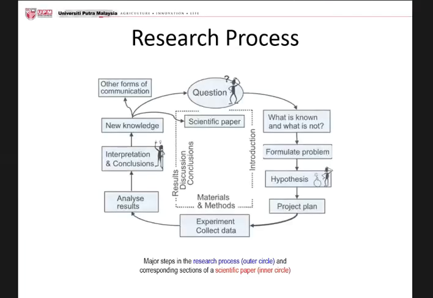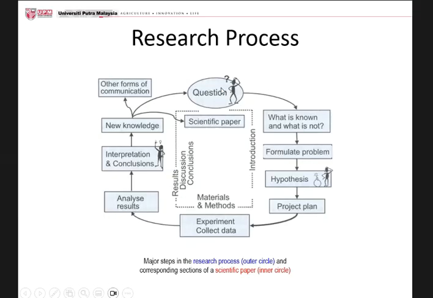So, the research process. Again, if you look at all of it, you will see that you have this kind of circle. The question: you get new knowledge, other forms of communication, but then when you read, you get other questions. And then it goes to what is known and what is not, formulate problem, hypothesis, project plan, experiment, collect data, analyze results, interpretation, conclusion, new knowledge, then this comes back to question.